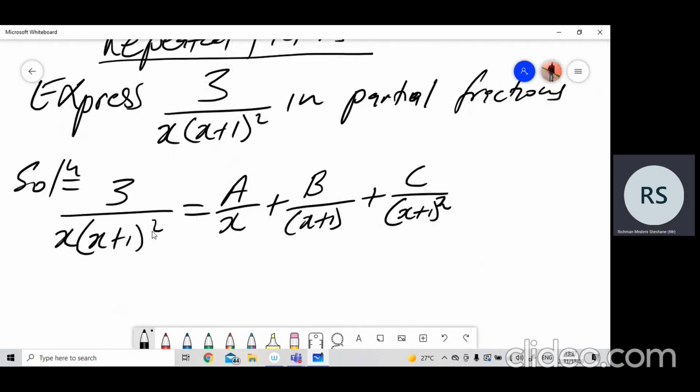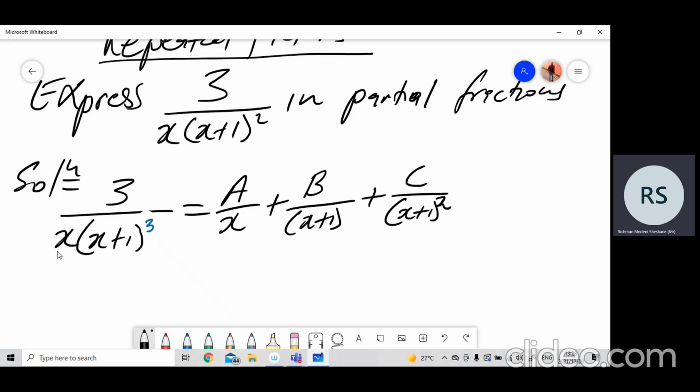Let's say, I'm not going to change my problem, but suppose we had x plus 1 to the power of 3.